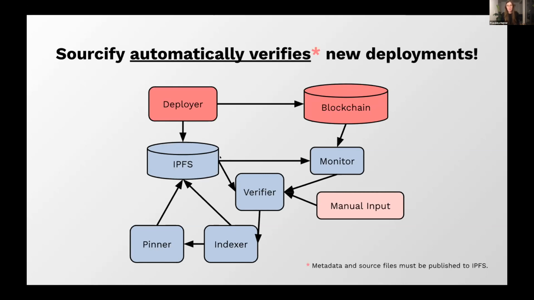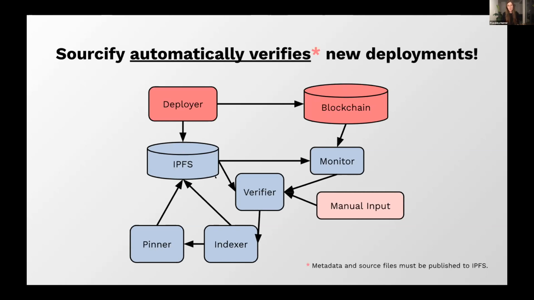And if it finds the metadata file and the source files, then it runs the verifier. After the verifier has done its work, the files are indexed and pinned, and we make sure that the metadata files and the source files don't get lost on IPFS. So that would be the optimal automatic scenario.